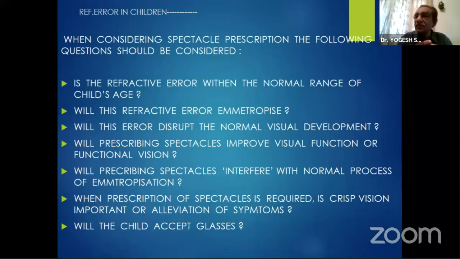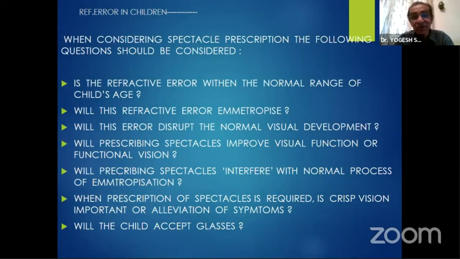In the natural course the eye is always enlarging, the lens is flattening, the cornea is flattening. This is the normal process of emmetropization. So if you are too aggressive in this treatment, you might interfere with the normal process of emmetropization and artificially create a refractive error which would not have occurred.